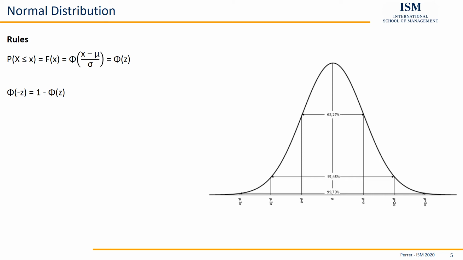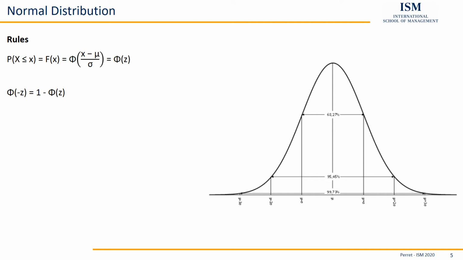Meaning, if we have to look up a negative value, we can just turn this around and go with 1 minus, and then look up the positive value. Why can we do this? Well, if we consider the mean and look to the left, that's basically the same as if we mirror this and look to the right, because the area to the left equals the area to the right.